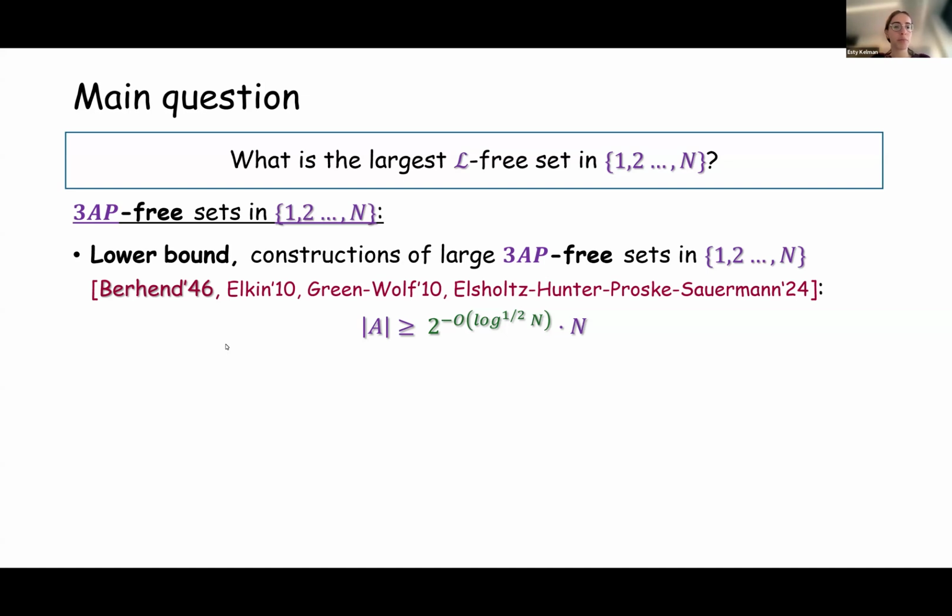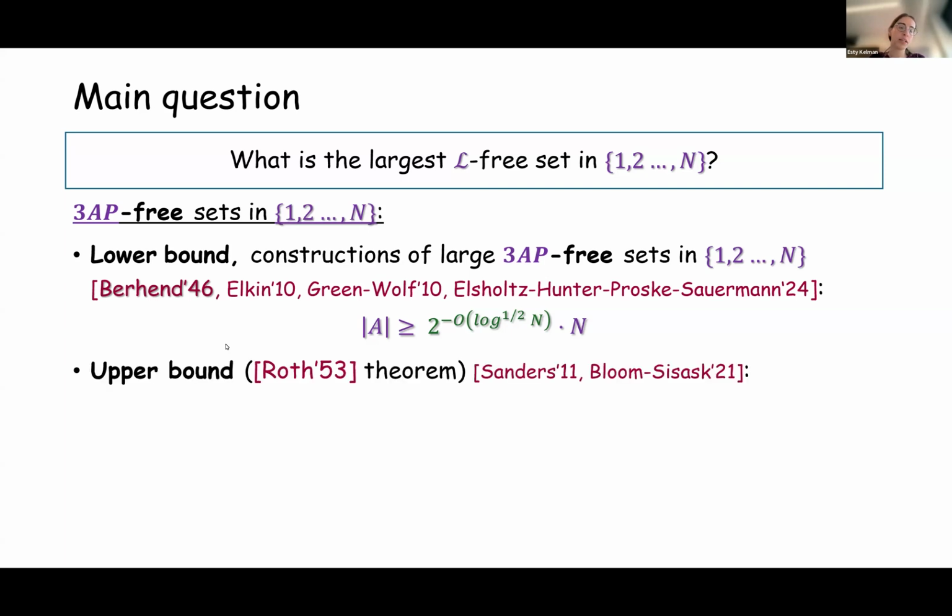So essentially, this is the order of 3AP-free sets that we know since Behrend. Back in those days, it was not clear whether we could achieve a linear size 3AP-free set. And then a few years later came Roth with his theorem showing that every 3AP-free set must be sublinear in N.